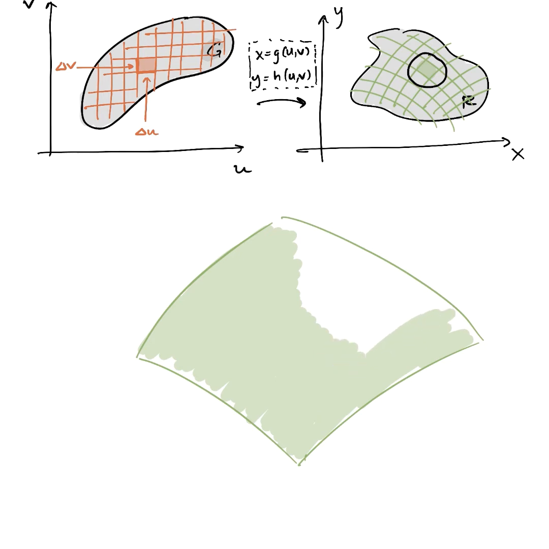Is the green one double? Is it half? All of the answers to those questions probably depend on the functions g and h that are transforming the red patch into this green patch. And to start to figure out exactly what that connection is, we're going to use some Calc 3.